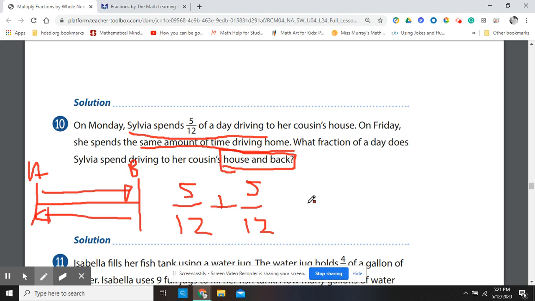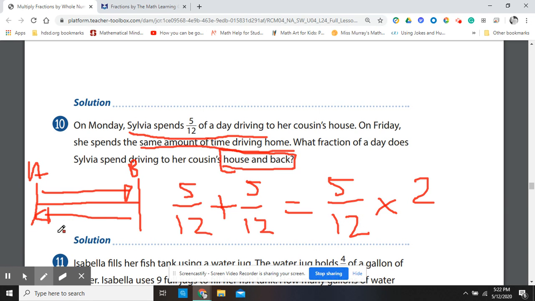Now, how could we represent that as a multiplication problem? We could represent that using 5/12 times 2.